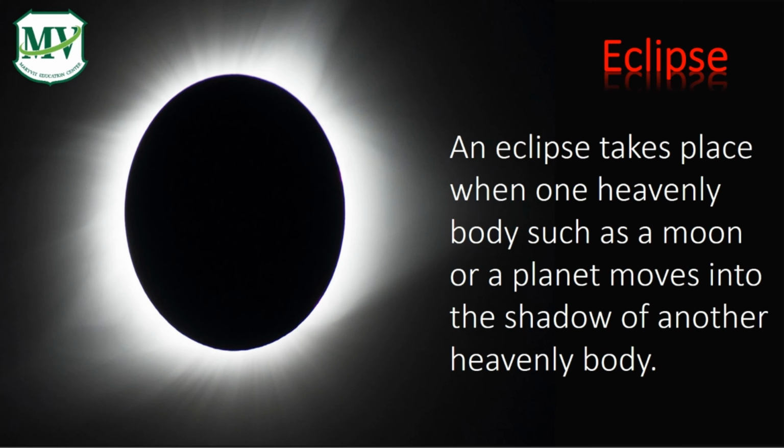Great! An eclipse takes place when one heavenly body such as moon or a planet moves into the shadow of another heavenly body. Do you know that there are two types of eclipse on Earth? An eclipse of the sun or solar eclipse, and an eclipse of the moon or lunar eclipse.